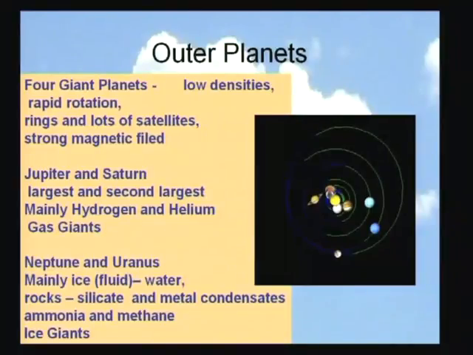It is believed that there is a solid core inside, but as far as I know, there is no direct observational evidence for the fact that they have a solid core inside. So, they are big gaseous objects, and they are also referred to as the gas giants.